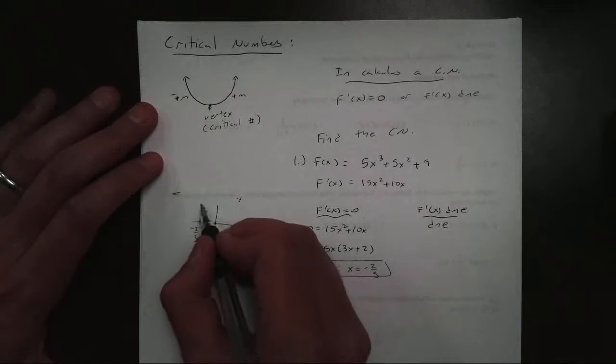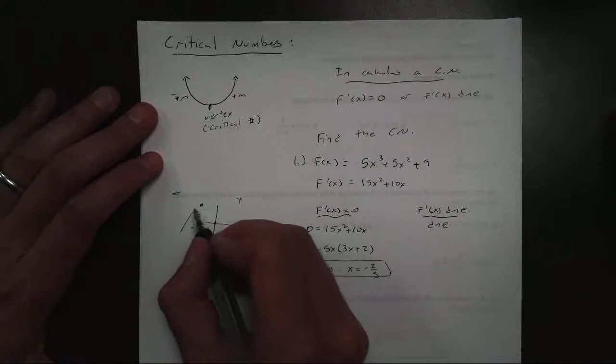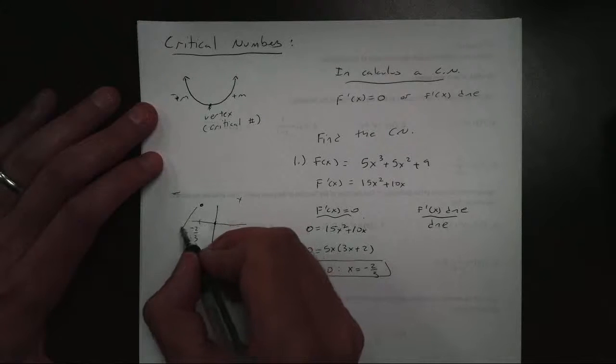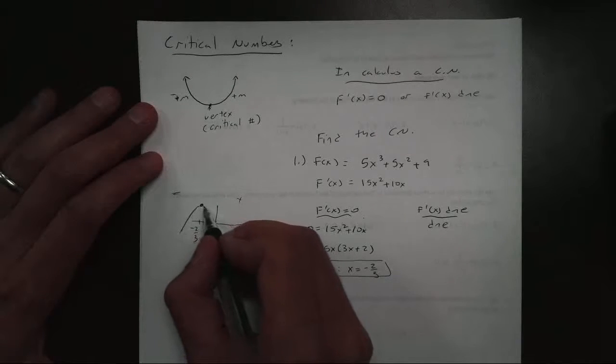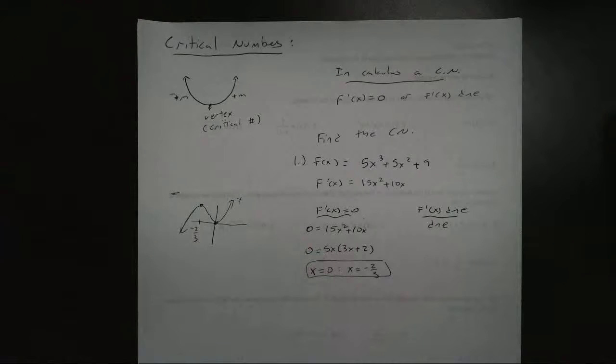So somewhere over here, the slope has to change. It starts down, goes up, and it's going to look something like this, here's 0, and it's going to go back up again. So that's what helps us to graph the original function.